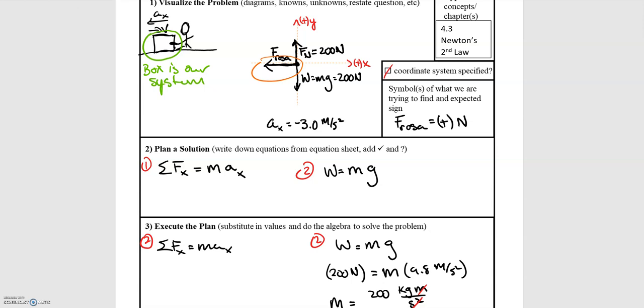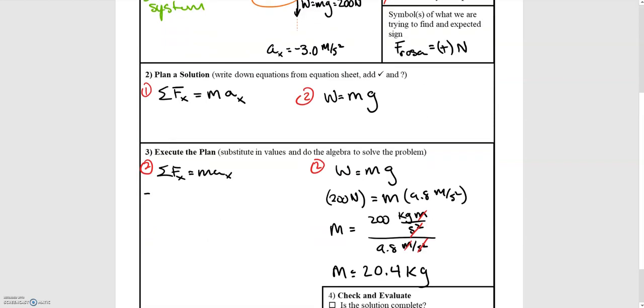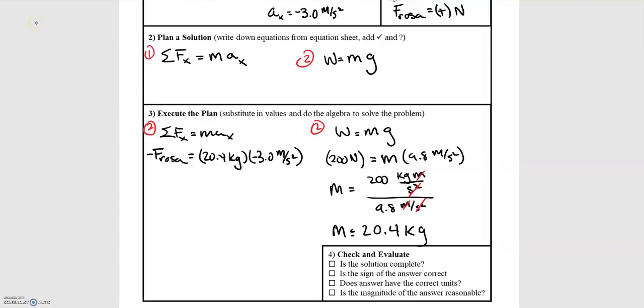So in Newton's second law, we're going to have negative F Rosa is equal to the mass that we just found, 20.4 kilograms, times the acceleration in the x direction, which is negative 3.0 meters per second squared. So we have a negative on the left-hand side and a negative on the right-hand side. Those are going to offset, so that leaves us with a positive.